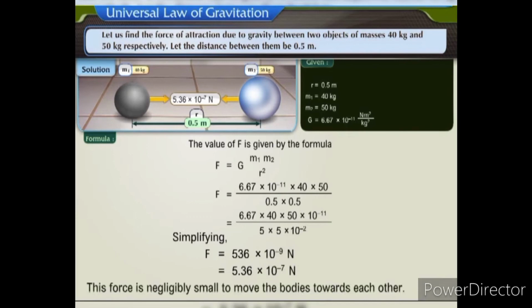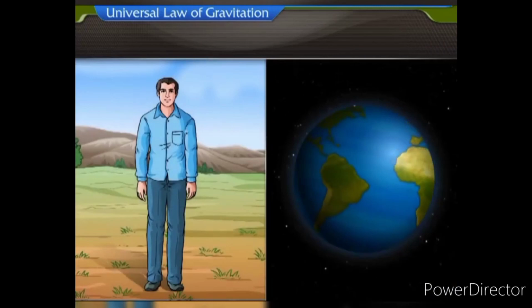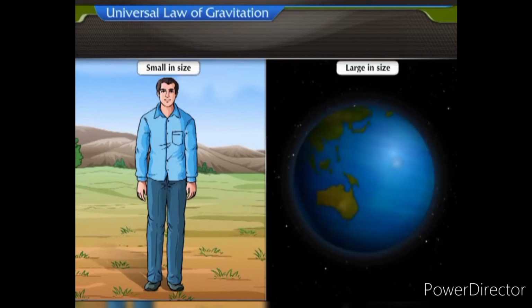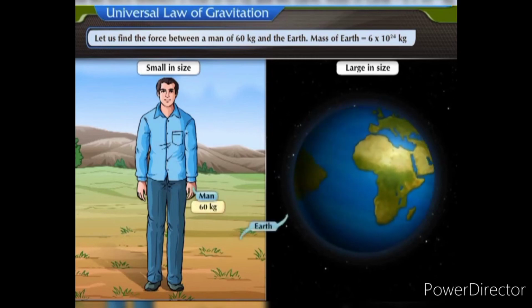This force is negligibly small to move the bodies towards each other. Now let us find the force between two bodies, out of which one is large in size. Now let us find the force between a man of 60 kg and the earth.